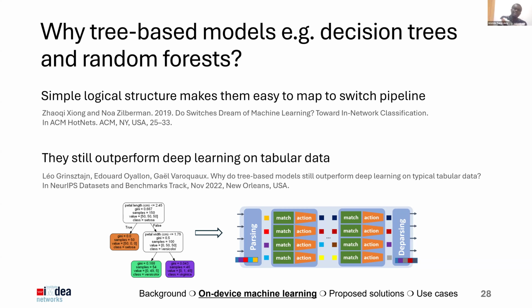Because if you can just implement some simple rules in the switch, then it's fine. You don't need an inference model. But if this use case needs an inference model, then you implement it to be able to get better accuracy. But in terms of speed, you get the same speed, because as long as you're able to deploy the application in the switch, it's going to run at line rate.